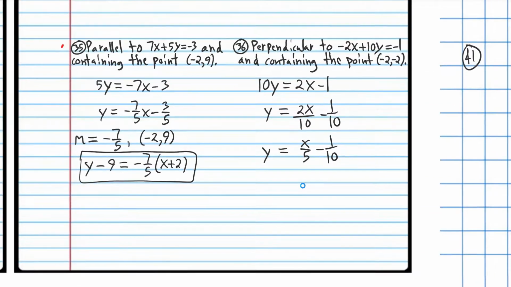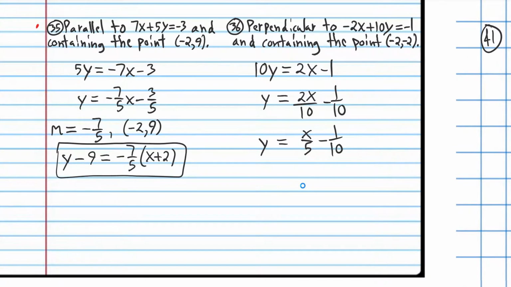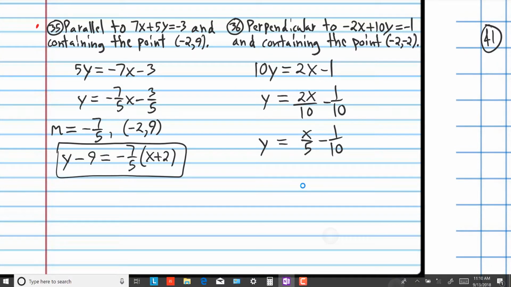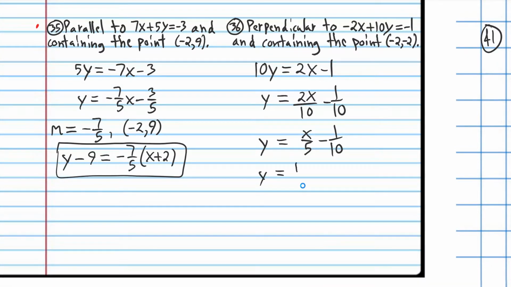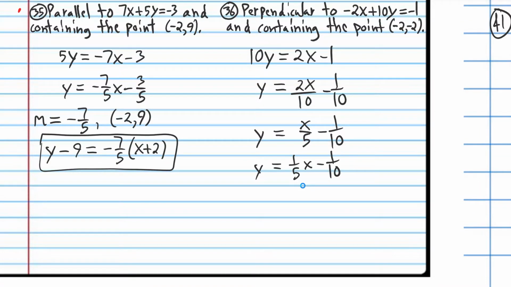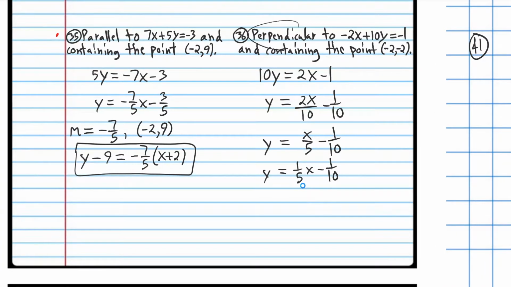And so now we have slope-intercept form, which means we can see the slope. But it's kind of hard to see the slope unless you factor out the 1/5. Now we can see the slope is 1/5. So because our line is perpendicular to that line, our slope is going to be the negative reciprocal, which would just be -5.